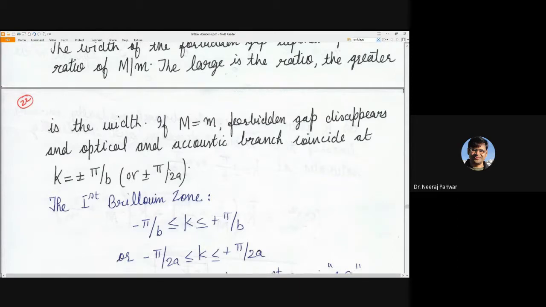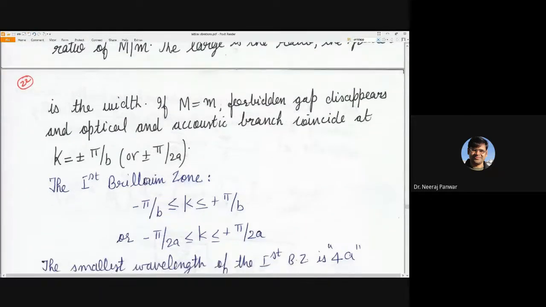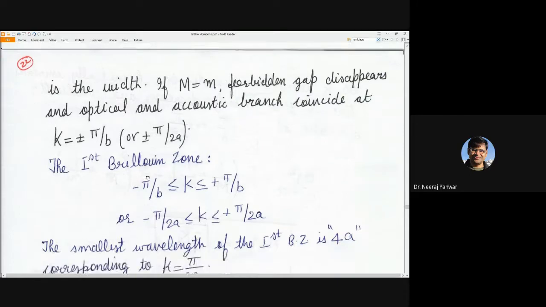So this means the unit cell is of double size in the case of the diatomic chain, whereas the Brillouin zone is half the length of the Brillouin zone in the case of the one-dimensional monoatomic chain. So whenever you reduce the length of the Brillouin zone by half, we will get a forbidden gap at the zone boundary.